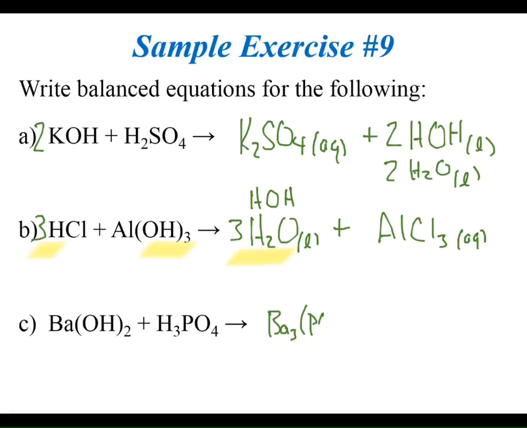Ba3(PO4)2. Aqueous or solid? Solid. And then H and OH, of course, makes water, which is liquid. Or again, for balancing purposes, if you want to think about it as HOH, that helps. So 1 barium, 3 bariums. Let's make a 3 barium there. 1 phosphate, 2 phosphates. Put a 2 there. So I need 6 waters.